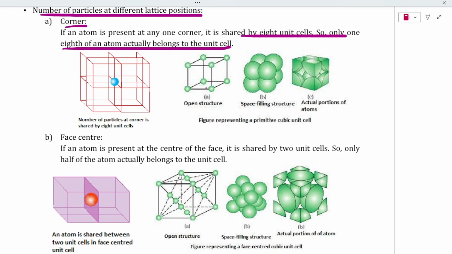What they are trying to say is, if you consider this as a corner, they are shared by 1, 2, 3, 4, right? Now that 4 in a cube, if you consider any corner, they are shared by 8 unit cells, so they are called corner particles.